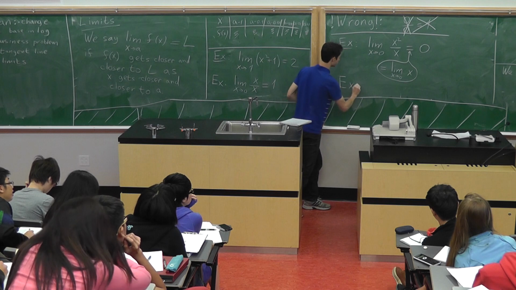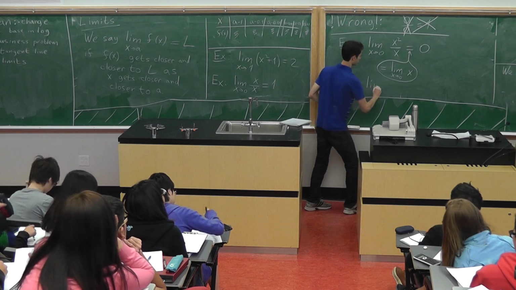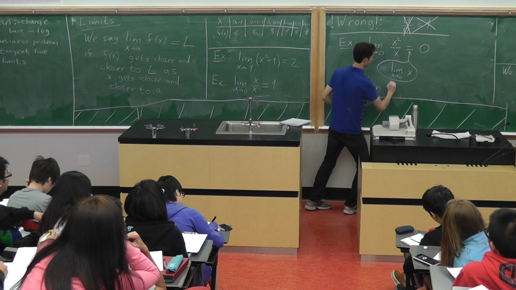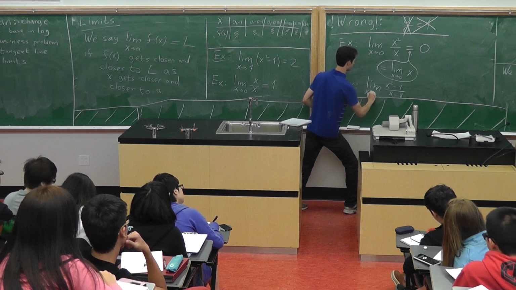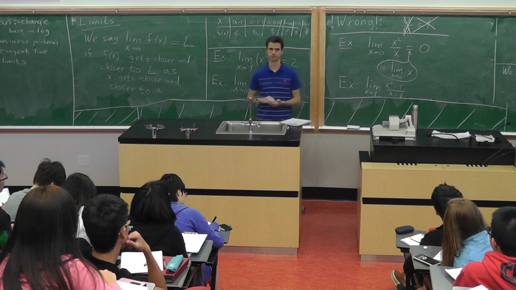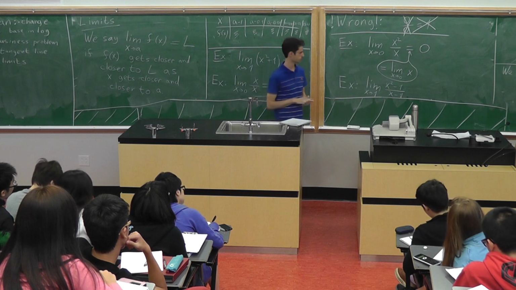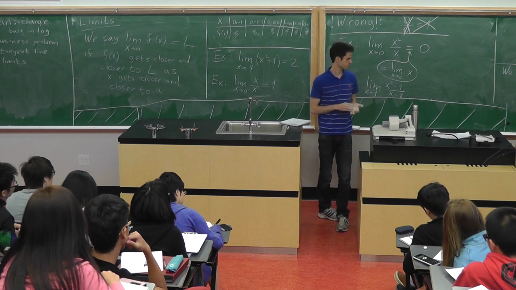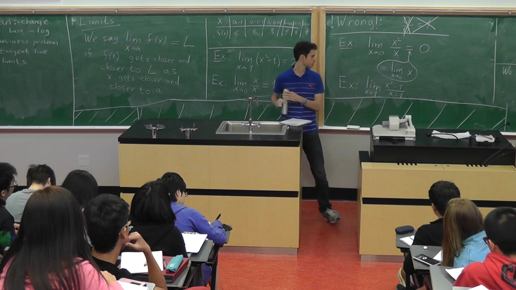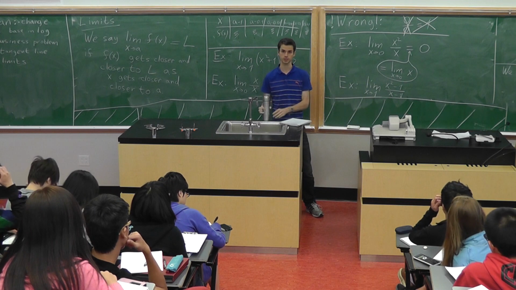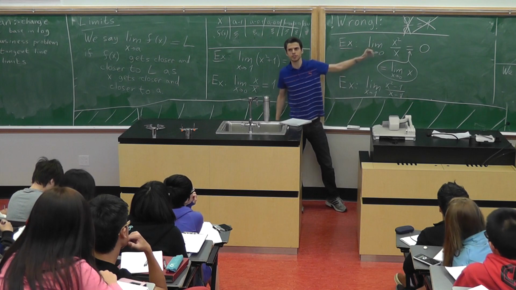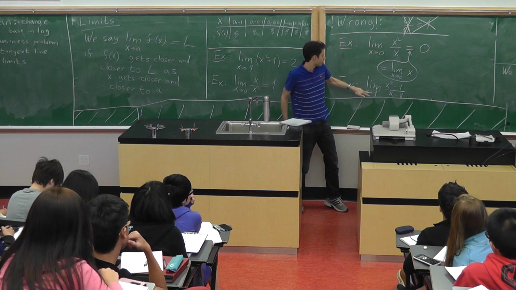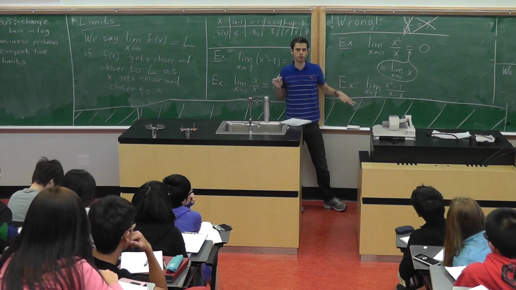Maybe last example for today. Limit of x squared minus 1 over x minus 1 as x tends to 1. So what about this one? 2, right. And the reason is very similar to the one here. Well, the reasoning goes like this.